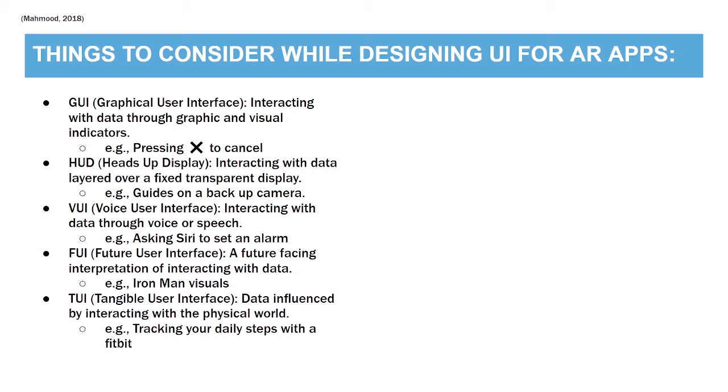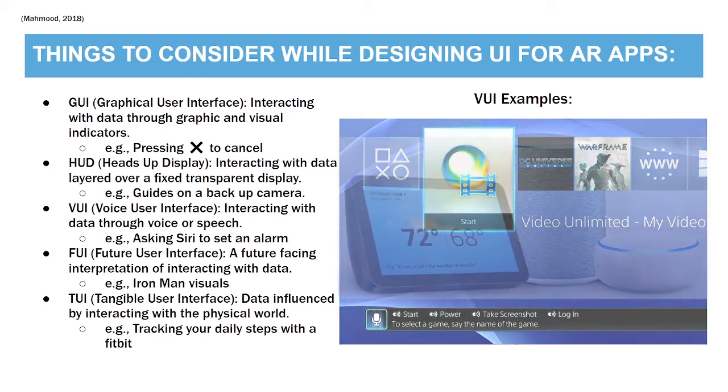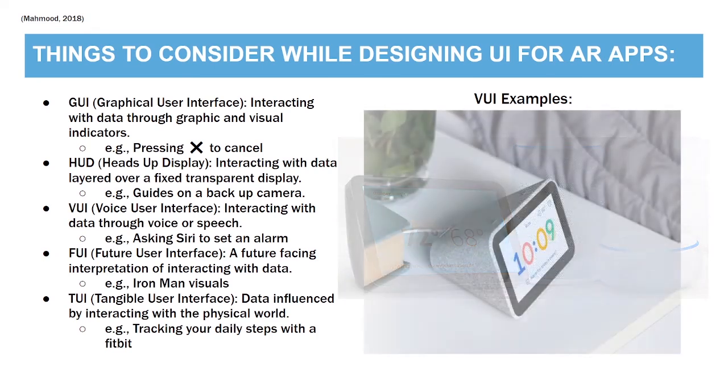For example, when you ask Siri to set an alarm on your iPad. Here are some examples of times that we use that. PlayStation 4 has voice-activated commands. Any smart home Amazon product with Alexa, and any Google smart home device.